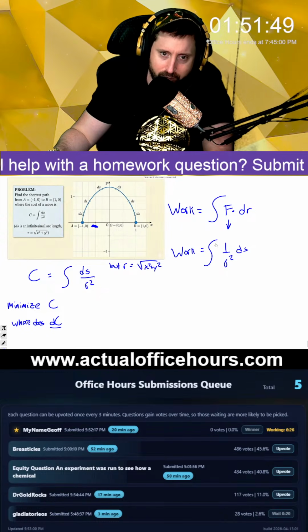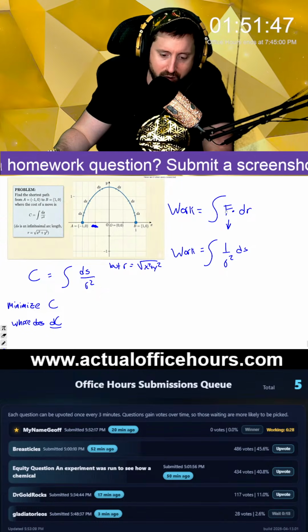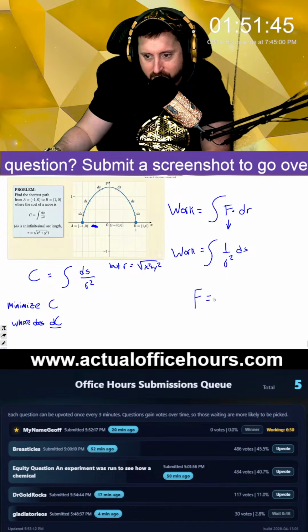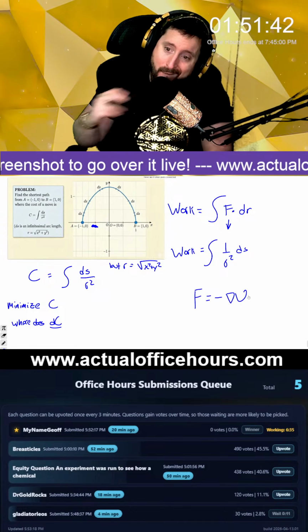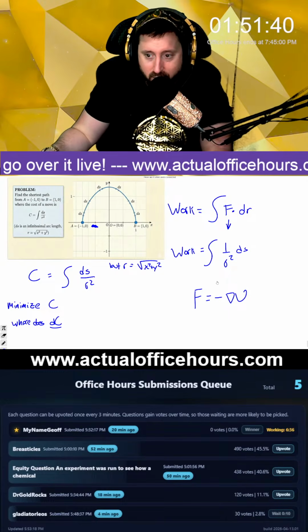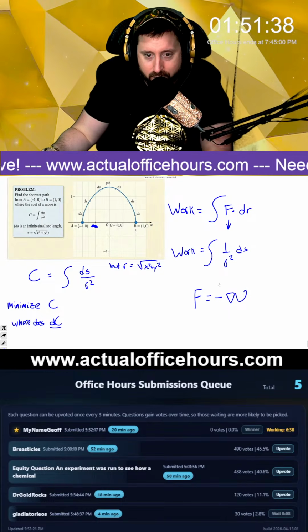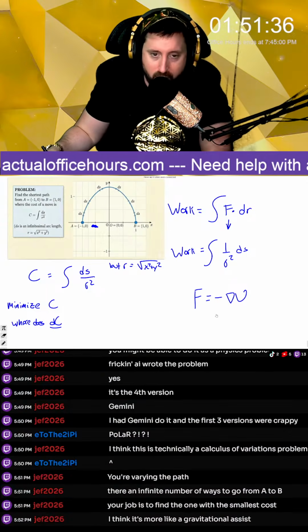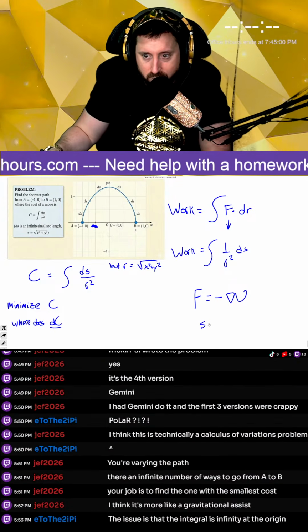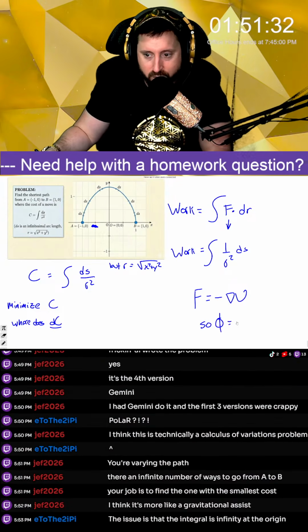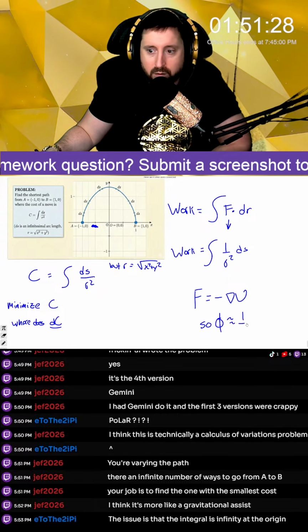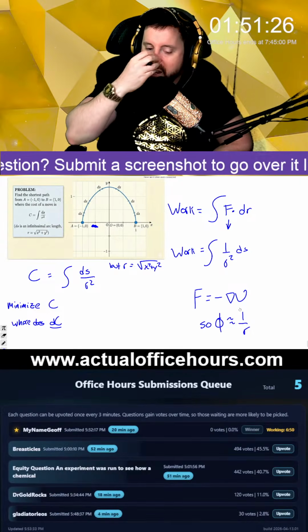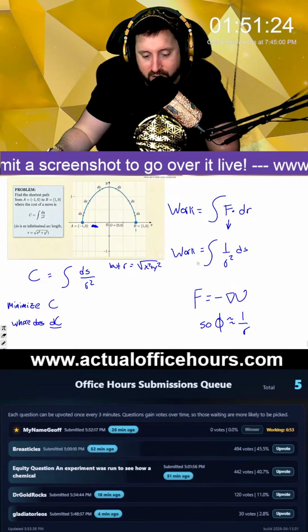In this case the force is the gradient of the potential. So our potential in this case is 1 over r. You could say the potential function goes as 1 over r. Yeah, the issue is that infinity at the origin. Yeah, that is discontinuous.